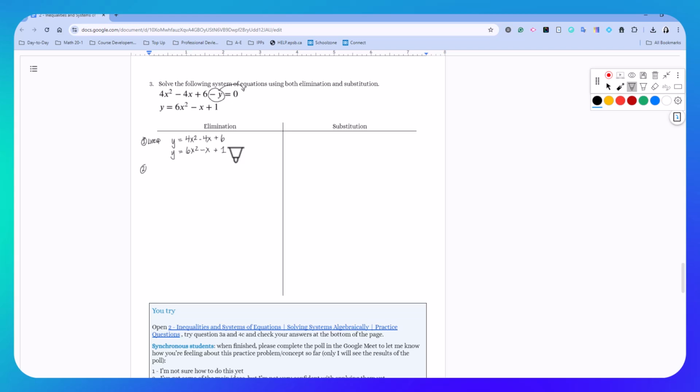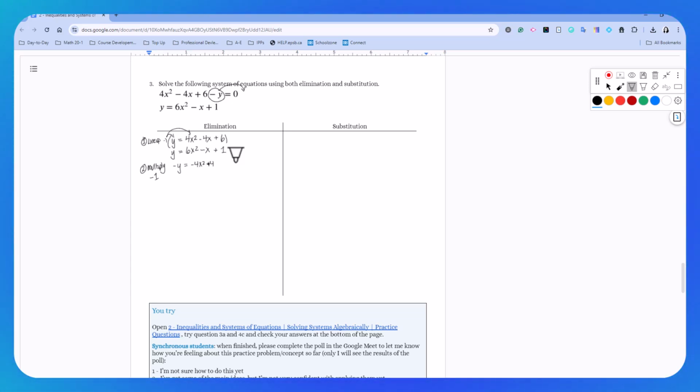So we're going to multiply, and you get to pick the equation. I'm going to pick this one right here to multiply by -1. That means I'm going to get negative y equals negative 4x squared, and so on. I put the negative 1 times there so you remember what we're doing.